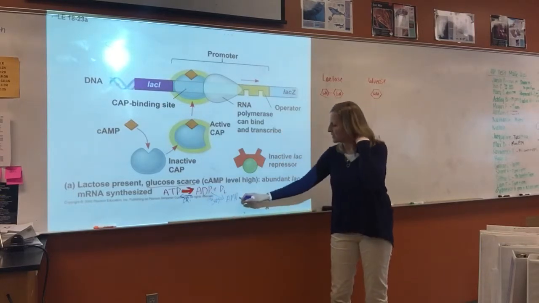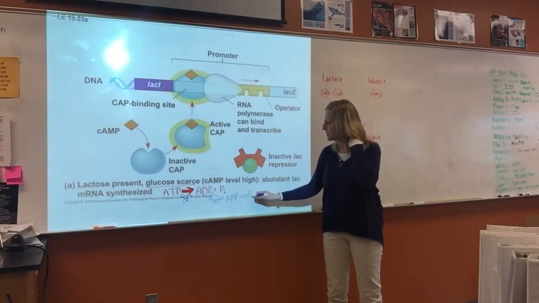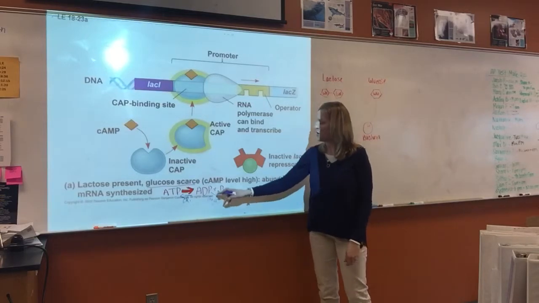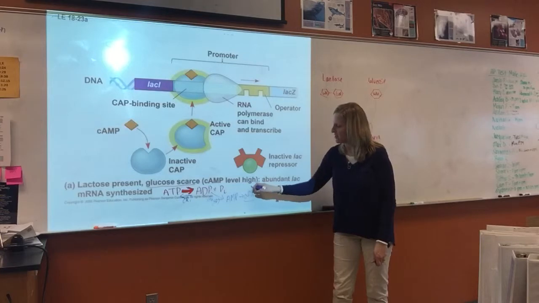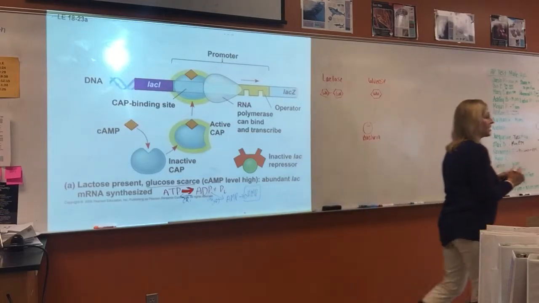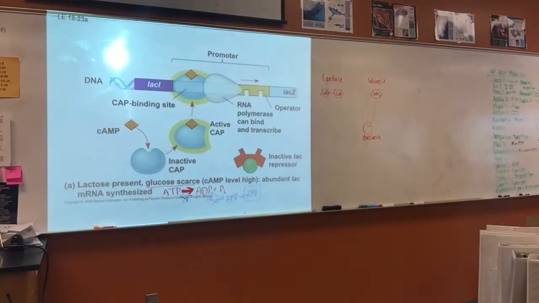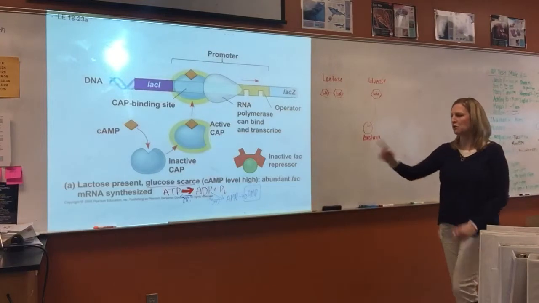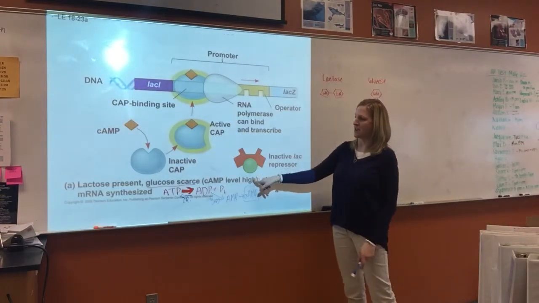And AMP can be converted to cyclic AMP. So whenever you have no glucose, this is what's going to happen, and your levels of cyclic AMP go up. So no glucose, a lot of cyclic AMP.